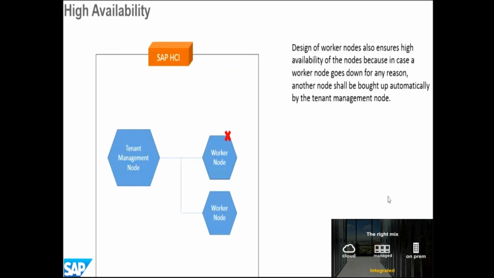At the SAP end, they have separate logic to use their worker nodes efficiently. We are not aware what that logic is and how they perform this switching of worker nodes between tenant management nodes of different clients. But it is said that they have multiple worker nodes available, and they can switch worker nodes between different clients as needed.